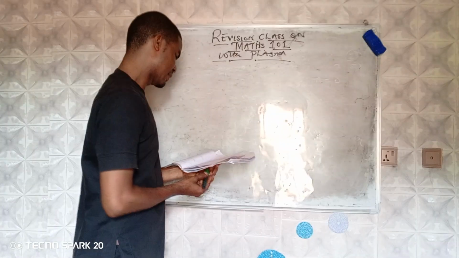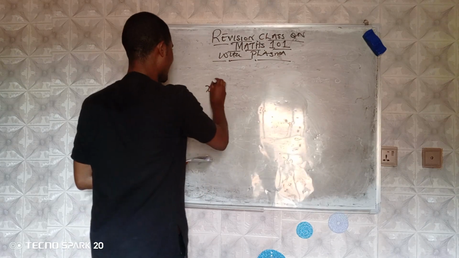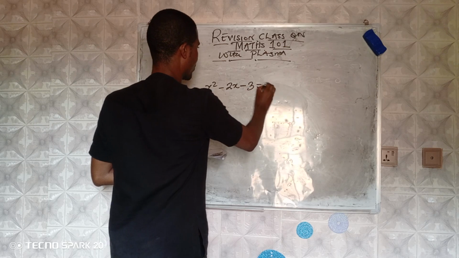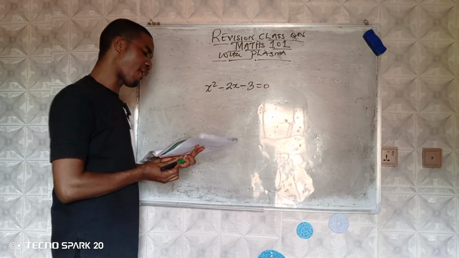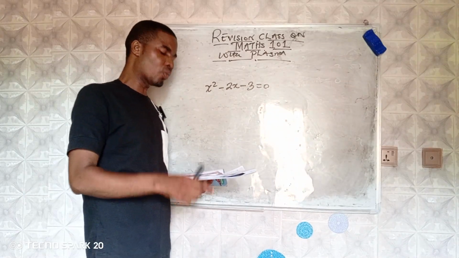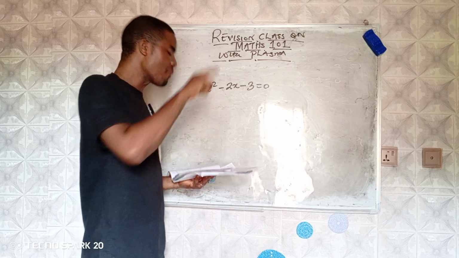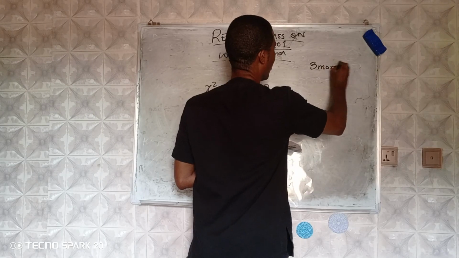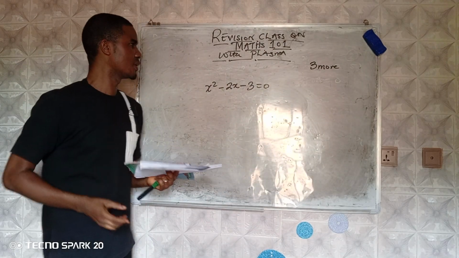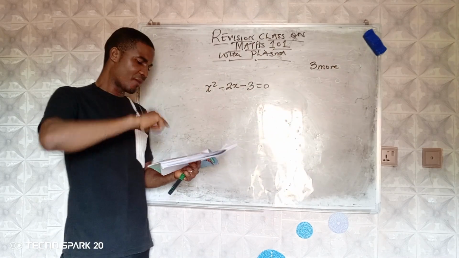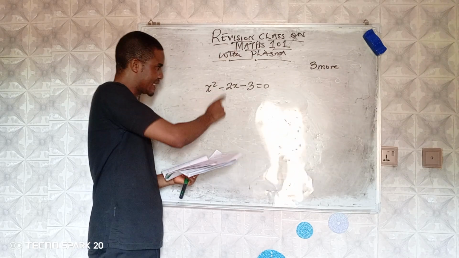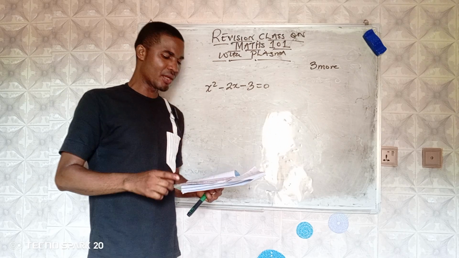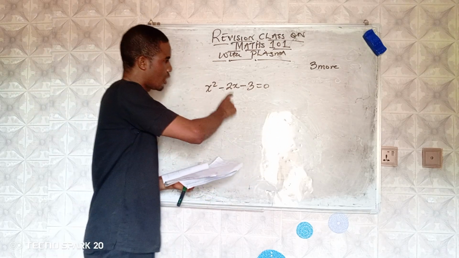It says, let me write it, x squared minus 2x minus 3 equals 0. Now, this question says, form an equation with roots 3 more than the roots of this equation.